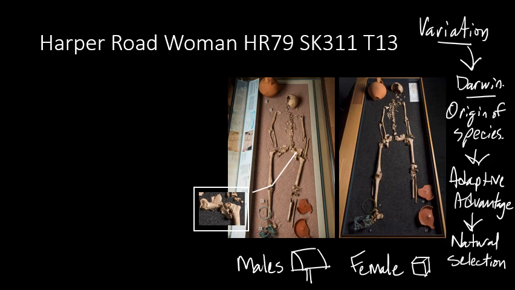And this is why I think this case is particularly interesting, because it does provide us with archaeological insight into the notion that variation exists among males and females in a way that doesn't permit a clear binary opposition between us.